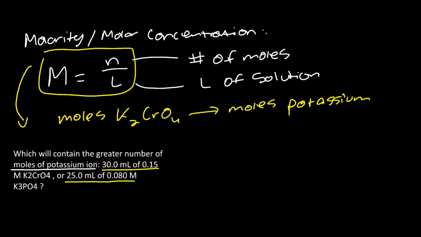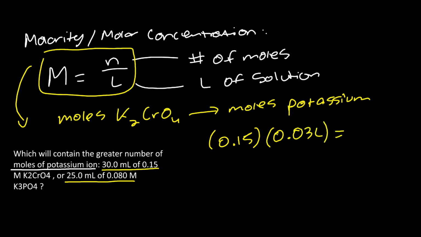So our molarity for K2CrO4 is 0.15, times the liters of solution, which in this case, 30 milliliters is 0.03 liters, and that will be equal to the number of moles.